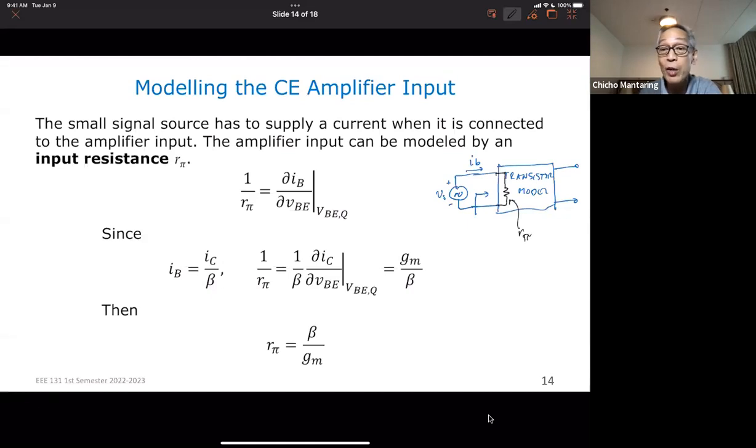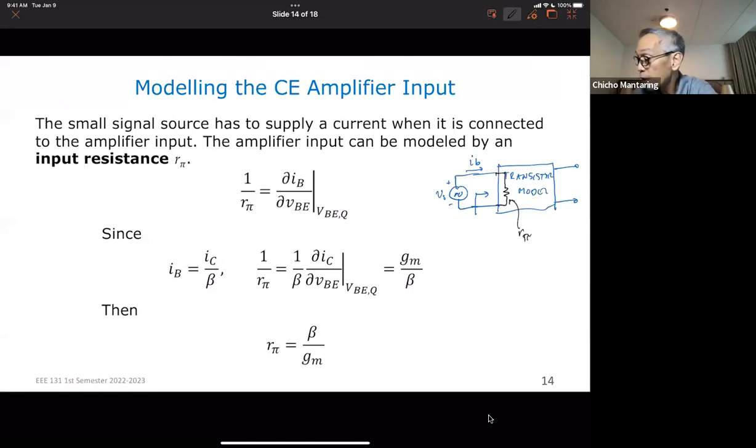Dapat natutunan nyo yan sa 1, 2, 3. Magkakaroon ka lang ng Thevenin voltage kung meron kang independent source inside your circuit. But if you have no independent source inside your circuit and you try to get the Thevenin equivalent with respect to any port, what you will see is a resistance. And so that's what this will see.